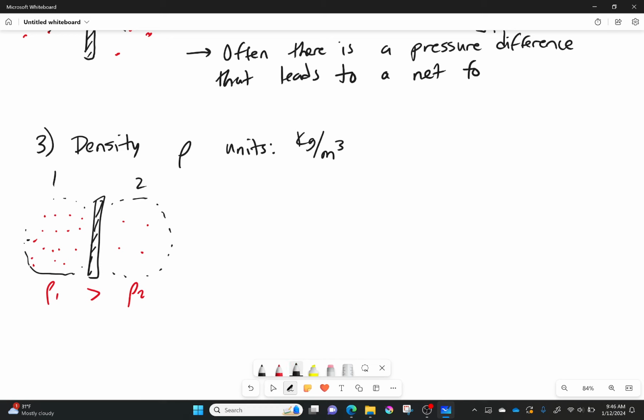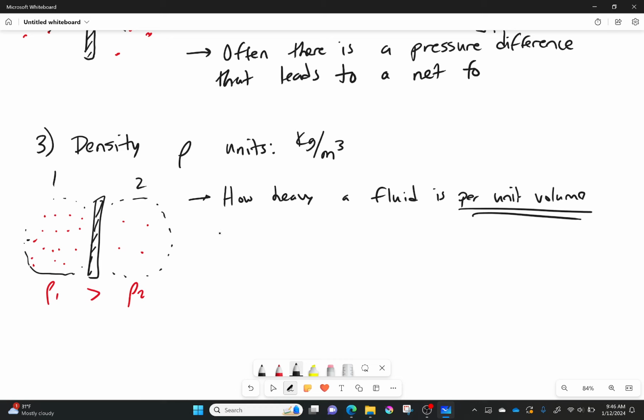So what is density? You could say that it's how heavy a fluid is per unit volume, per unit volume being the particular thing.